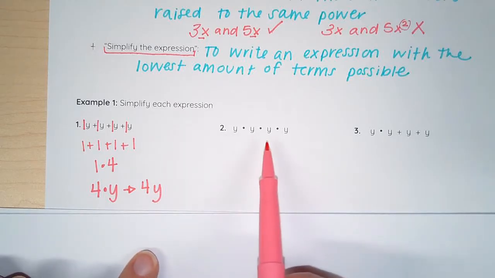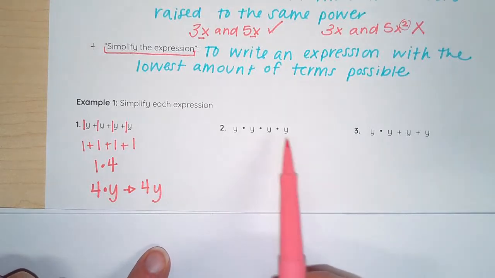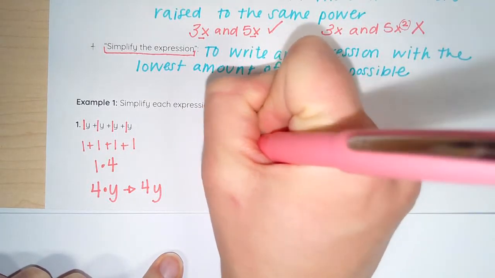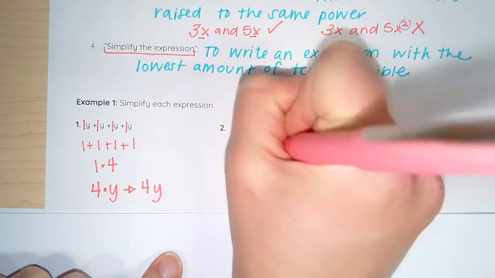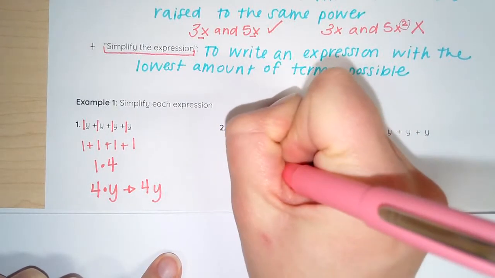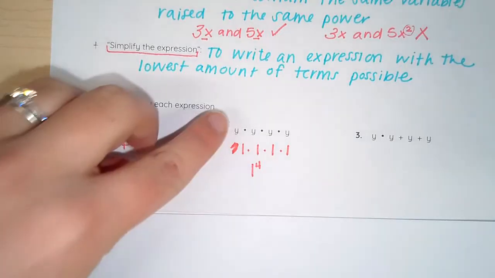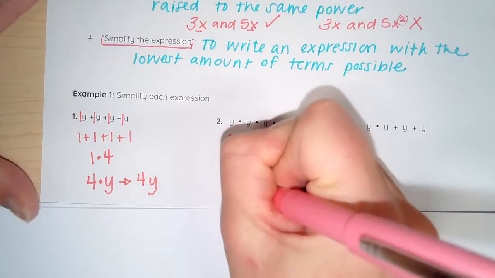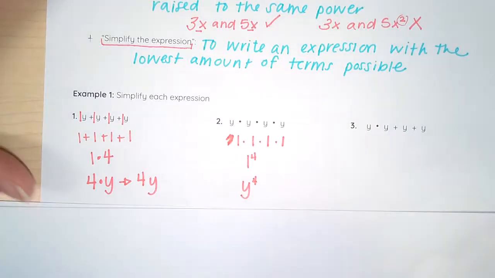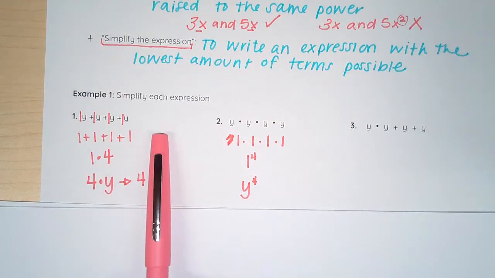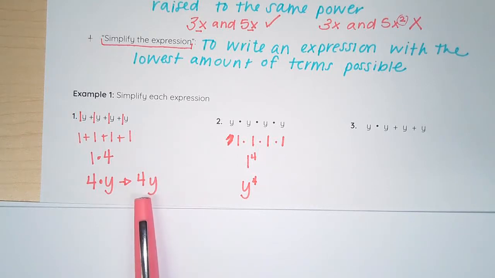However, when we multiply repeatedly, that is like this. Let's say, 1 times 1 times 1 times 1. That is 1 to the power of 4. So here with our variables, that will be y to the power of 4. So when we have repeated addition, that simplifies into multiplication.